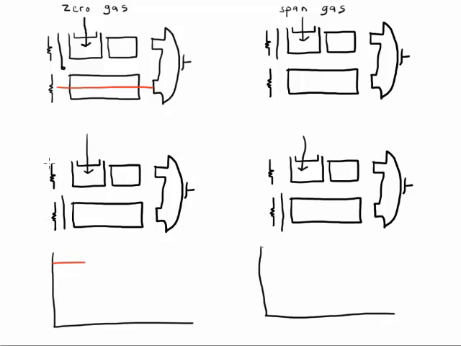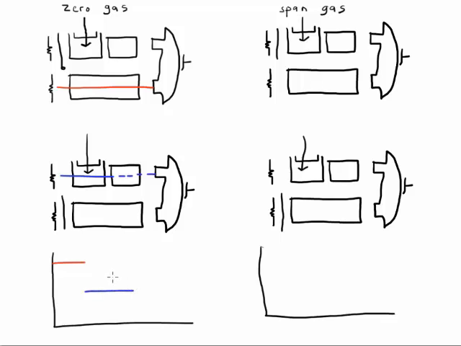So now we're going to look at the beam going through the sample cell. Because we have zero gas in the sample, not any light is going to be absorbed by the sample. However, when it hits the filter it is going to absorb some of the light. So we're going to have a little bit lower transmittance due to that filter cell. So we'll draw a line with lower transmittance, and that's due to the filter.